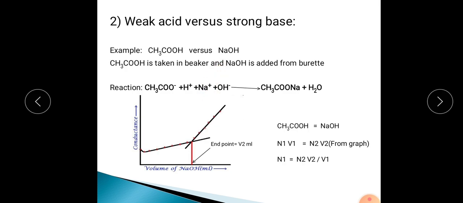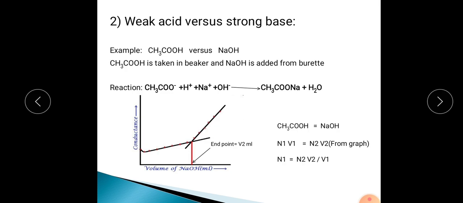So it is expected that the conductance should decrease, but the product formed here, sodium acetate, is a strong electrolyte which dissociates completely, and due to complete dissociation it gives more CH3COO minus and Na plus ions. Due to more of these ions, conductance increases.